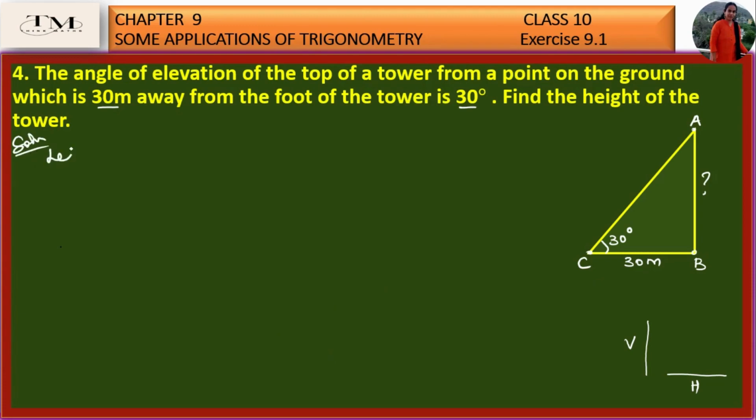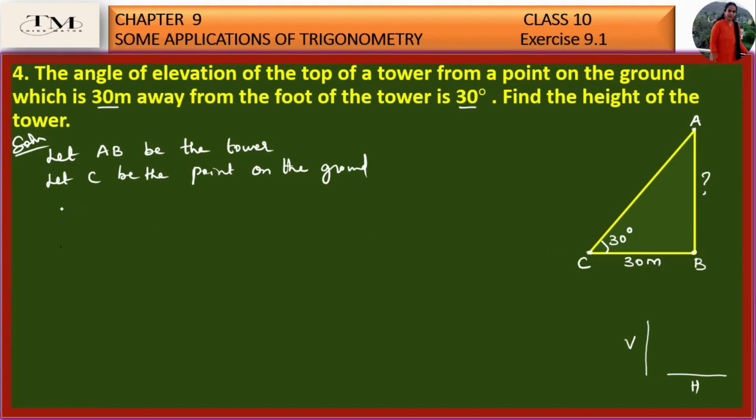What we assume? Let AB be the tower. Which is a point on the ground? C. So let C be the point on the ground. What is given? So this point on the ground is 30 meter away from the foot of the tower.